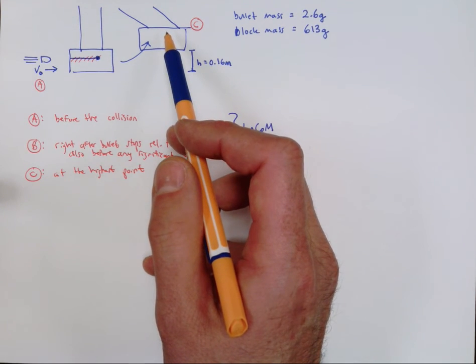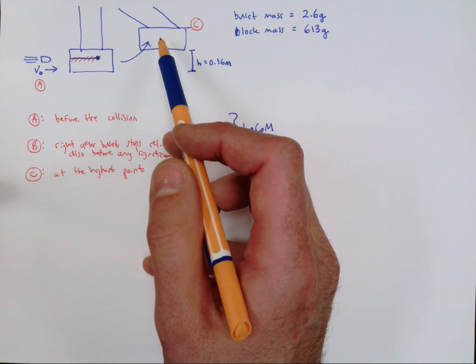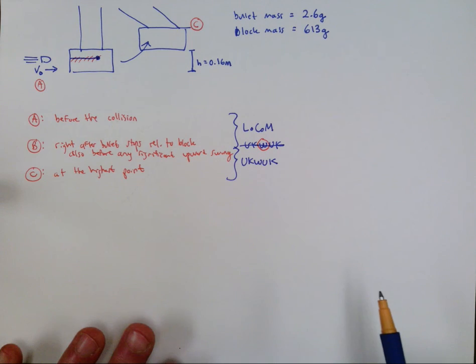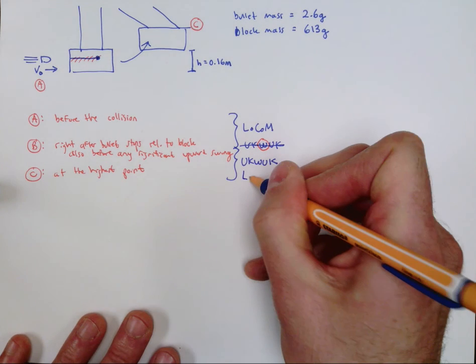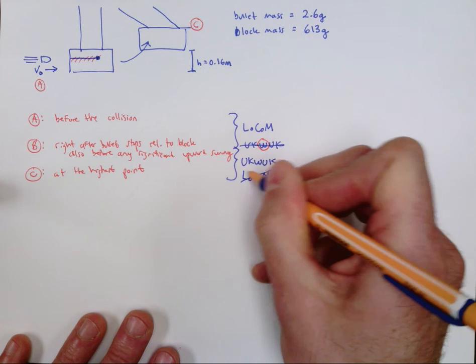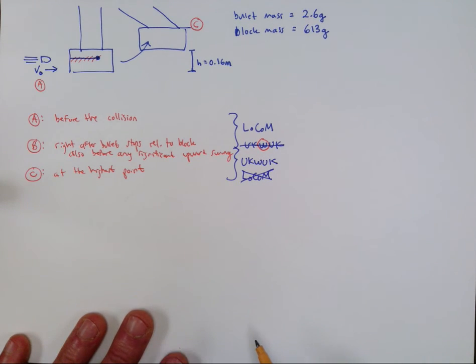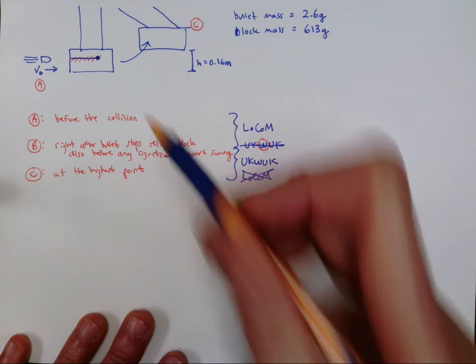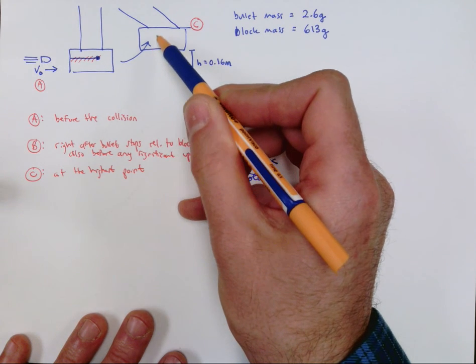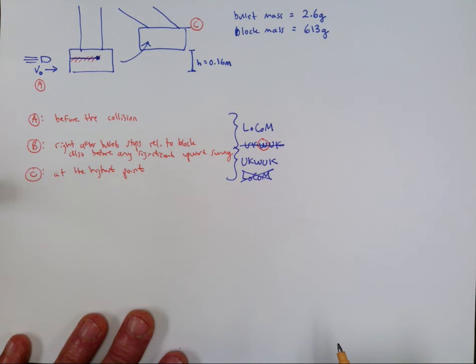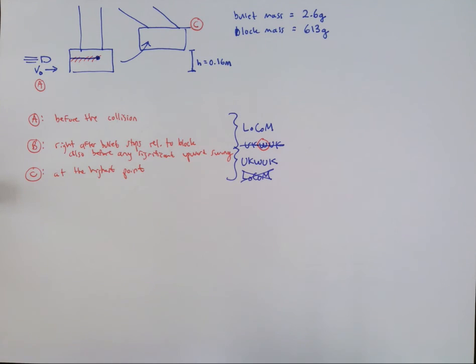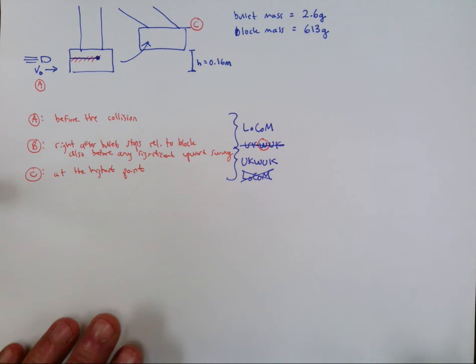Different type of energy, but it's the same. And no energy is lost to heat or other things of that nature. Now, we can't use the law of conservation of momentum here because gravity is a significant external force. This block loses momentum because gravity is taking it away. And gravity is being exerted by the Earth, so it's not an internal force, it's an external force. The Earth is an external object that's exerting a downward force on these things.